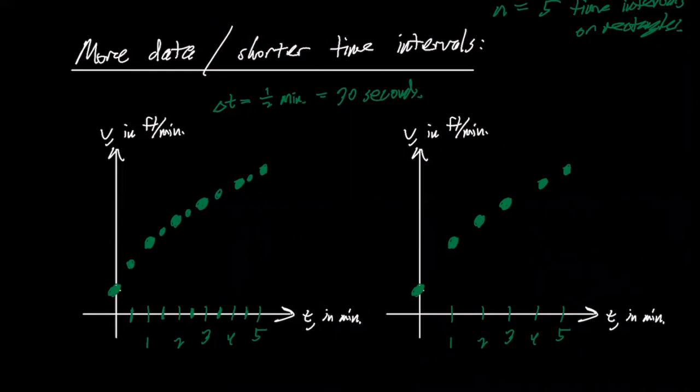Let's say we're doing a left sum again. You would have a rectangle like this, and only for the first 30 seconds would you consider yourself to be going 60 feet per minute. The next 30 seconds, this one was 200, so let's say this is like 150, and then this is 60.